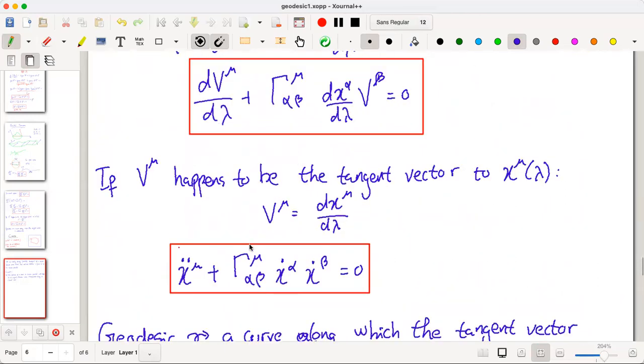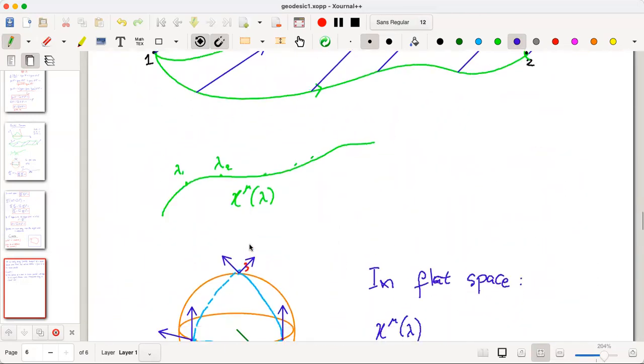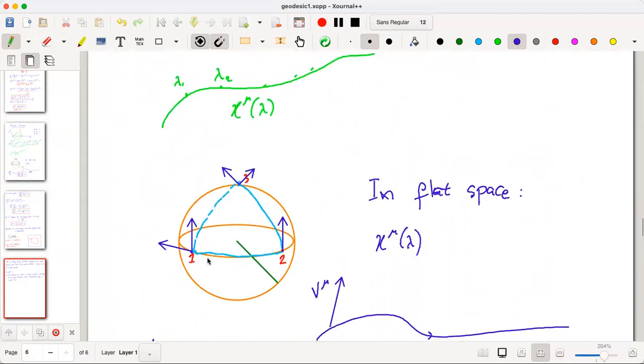For example, I have this sphere. Sphere is curved, right? But I can find a closed loop where this vector keeps parallel. What's the closed loop that I was talking about? The equator. This is a closed loop, right?